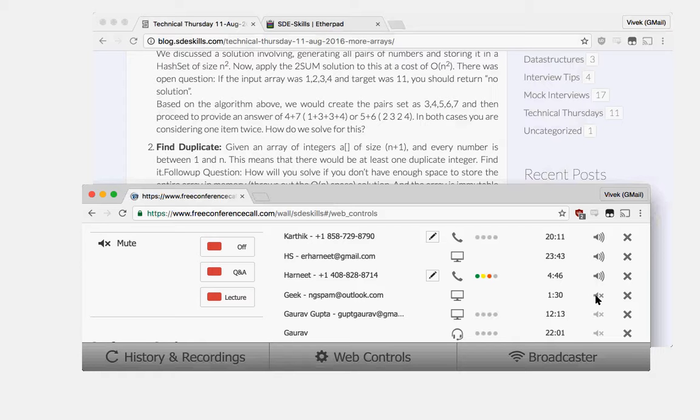So, for example, for 1 to 10, we store a count, and for 10 to 20, we store a count, so that we cover from 1 to n plus 1. So for 1 to 10, if the count value becomes 11, that means the number which is duplicate is between 1 to 10.